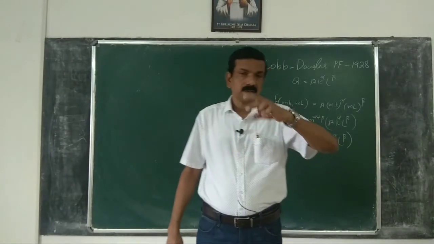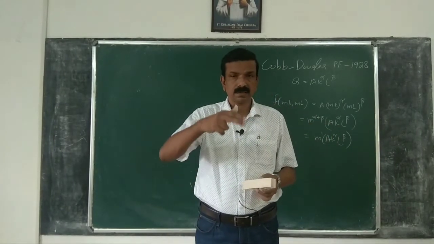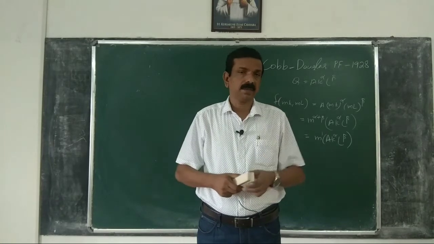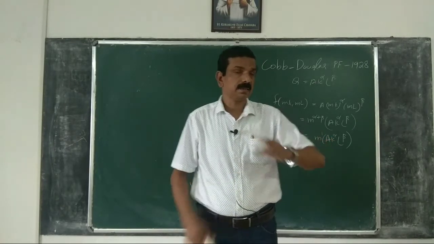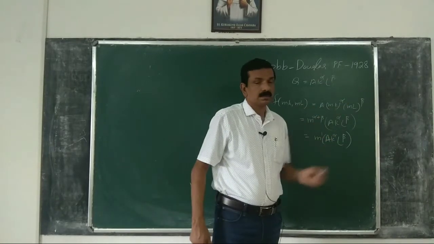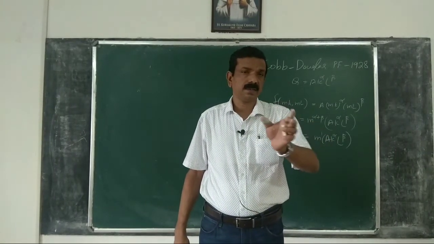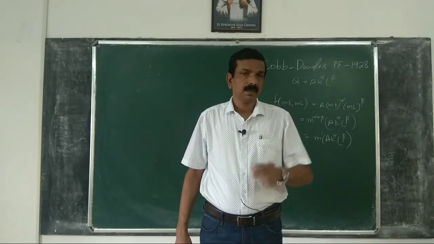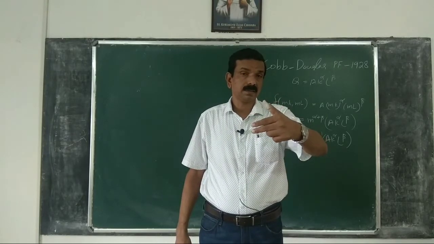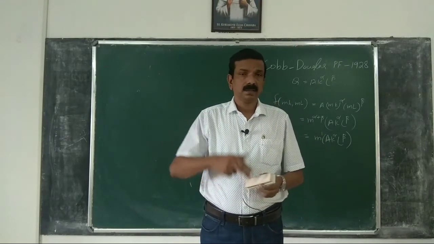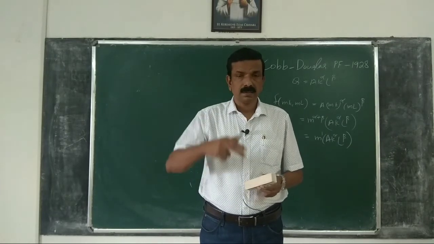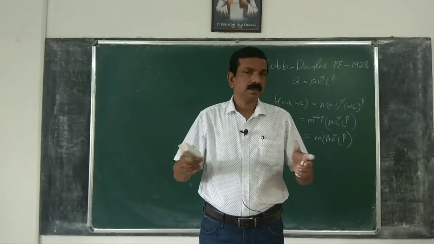In the context of the US economy, while discussing the returns to scale phenomena, we have seen that in the aggregate, alpha plus beta is equal to 1. But when you study the production function of a particular sector, that sector may exhibit constant returns to scale, increasing returns to scale, diminishing returns to scale, anything is possible.